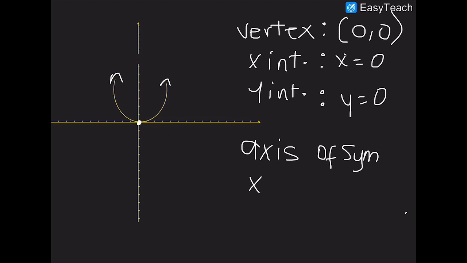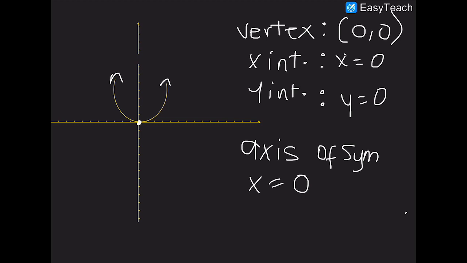But it's going to be your x. So where is your axis of symmetry? Where is that line that, when you fold your parabola in half, is where the seam is going to be. That would be a 0 as well. This is a really, really nice graph. I'm going to give you guys another one that's not as nice.